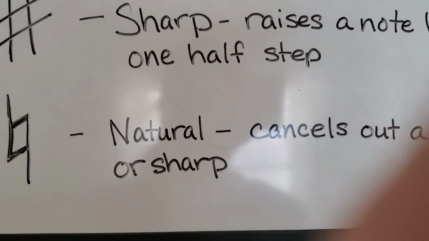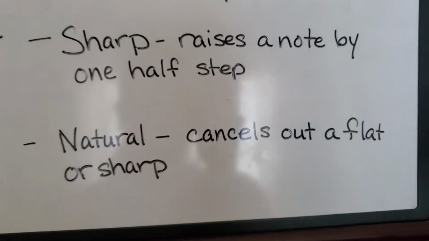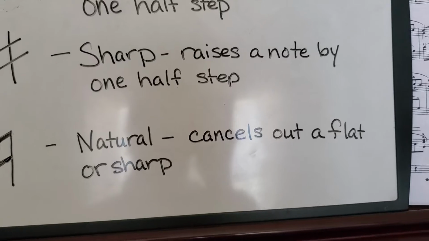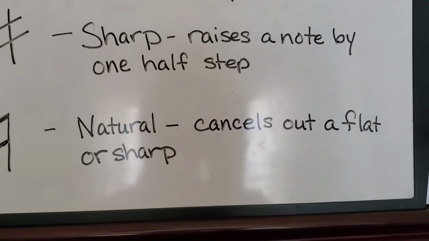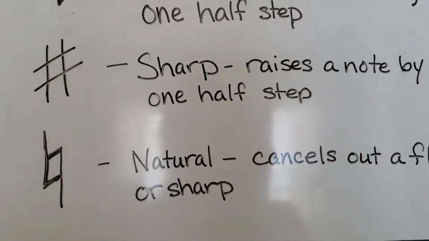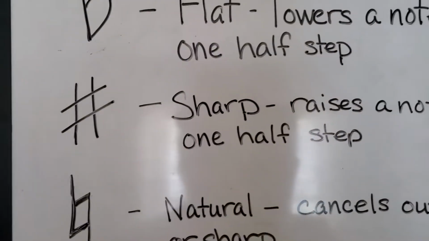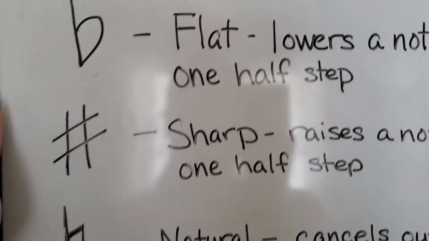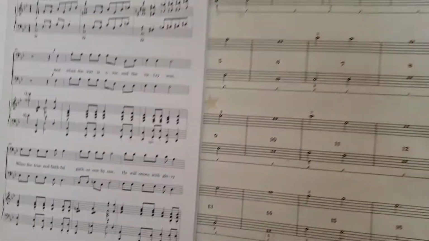A few other things about the notation of the music. I'm starting to get out of depth here, so I'm going to move this and we're going to go to an actual piece of music.